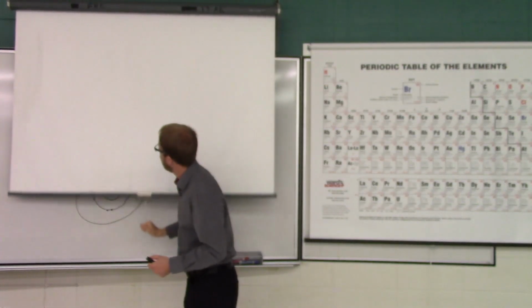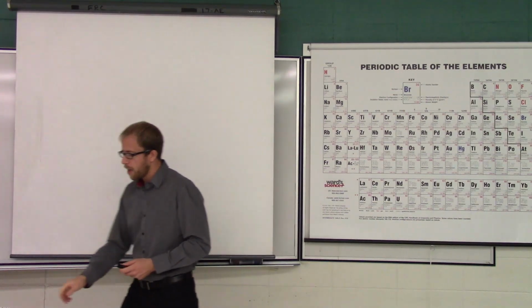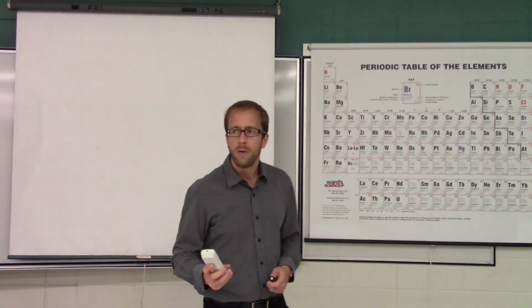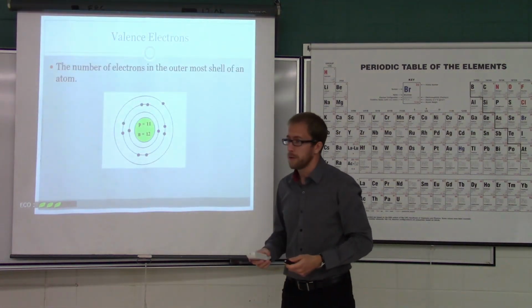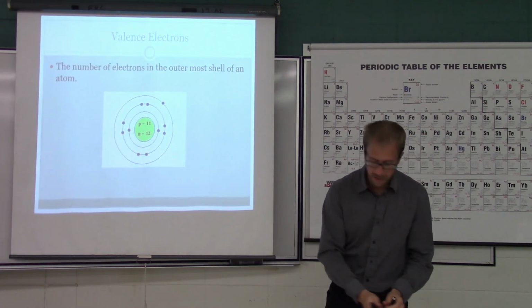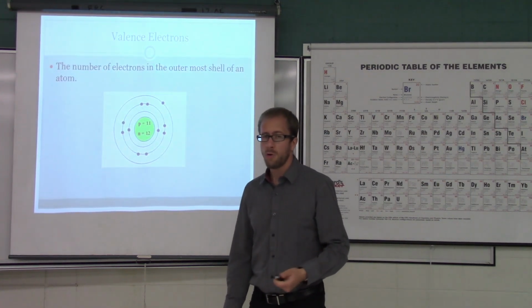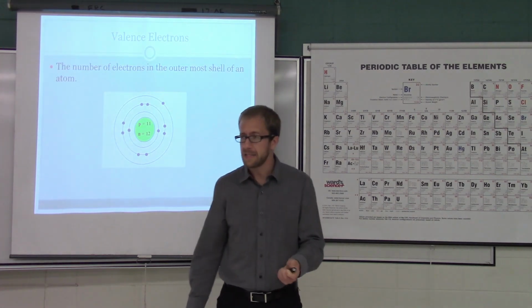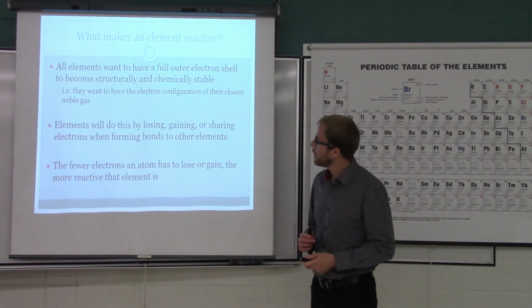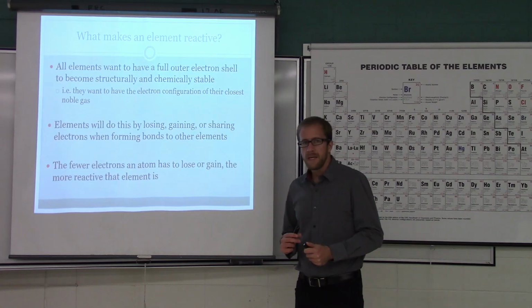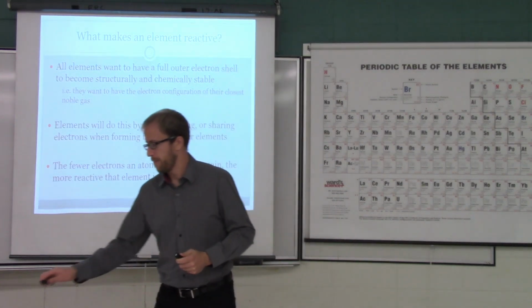So let's talk a little bit now about what makes one element more reactive than another. So what makes, for example, sodium more reactive than magnesium? These are some really important key points here.